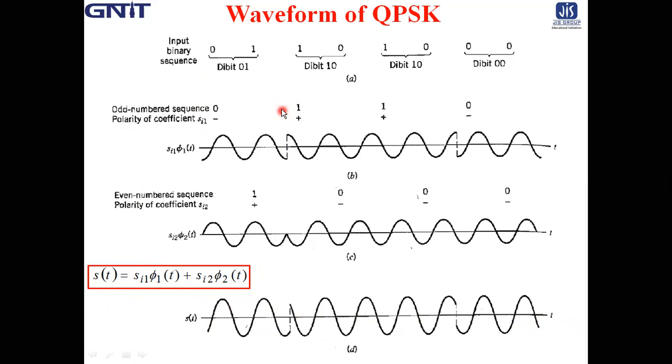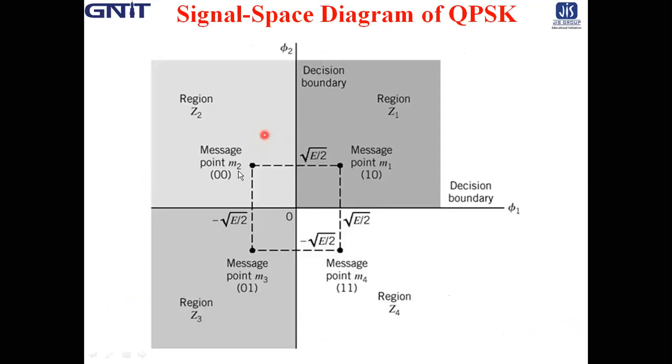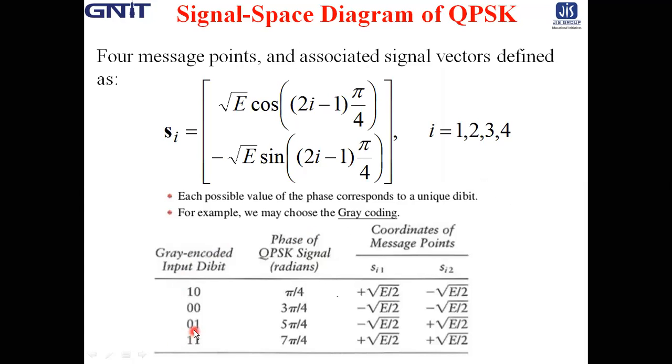Another important thing is the transition from 01 to 10. What is the phase shift there? 01 means 5 pi by 4 and 10 means pi by 4, so it is pi.